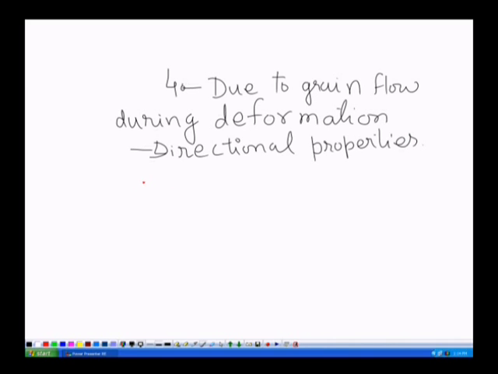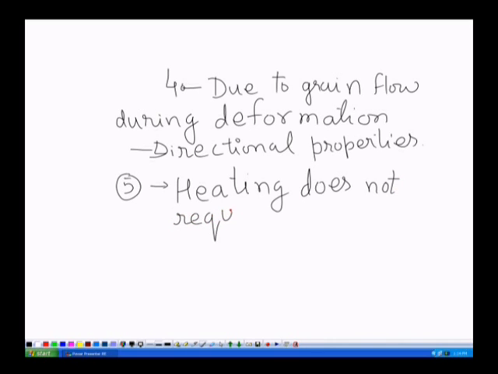The fifth one, that here heating is not required, because it reduces the strength again.